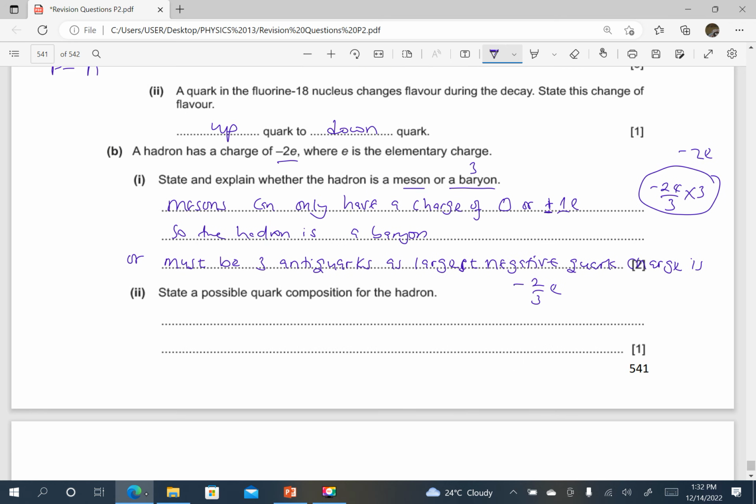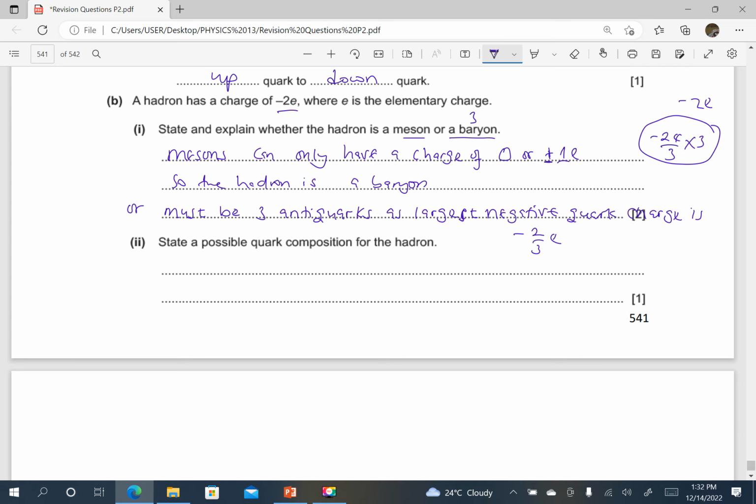State a possible quark composition for the hadron. I've said it must be 3 antiquarks. Each with -2 over 3e, times 3 gives us -2e.